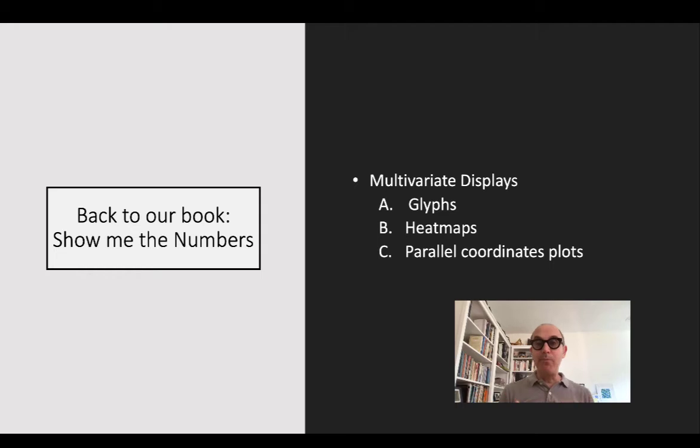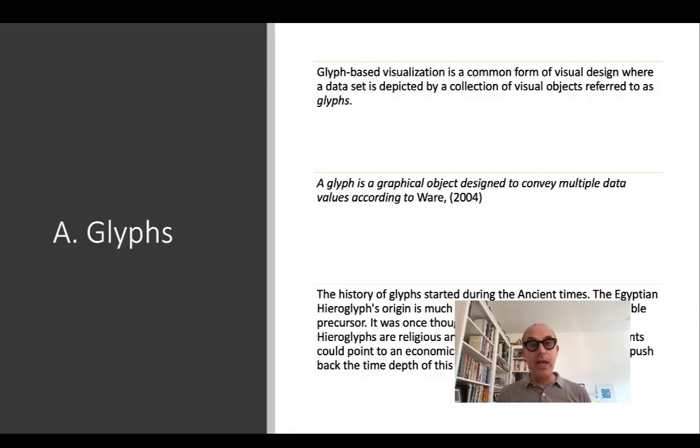Back to our subject and back to multi-variable display. We are going to see three types of visualization. Each one of them has attributes and things that I want you to think about when you decide how to analyze the visualization.